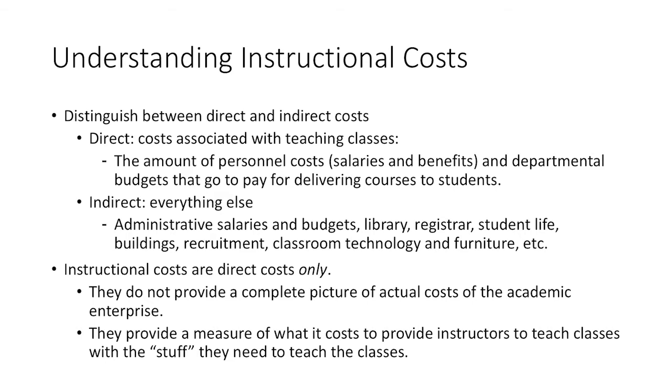It's important, therefore, to have this sense that we're really only measuring part of the story here. We're not paying attention to the president's salary, my salary, any student life salary, etc., that actually really does help with education, but it doesn't help with the direct product of delivering education to these students in these courses.